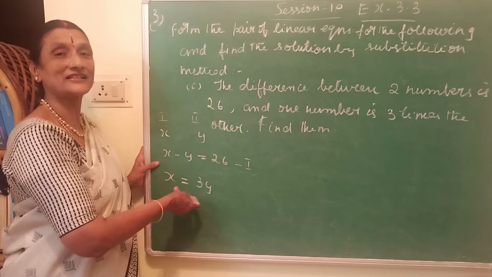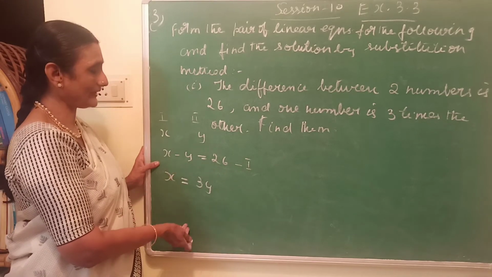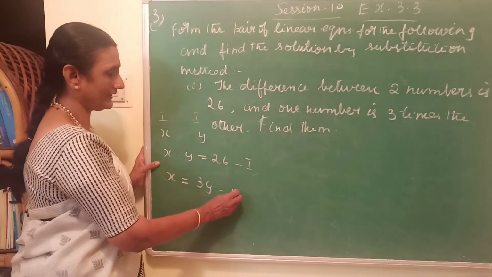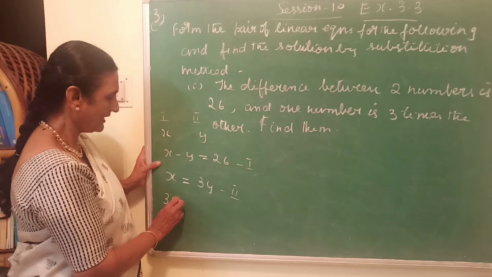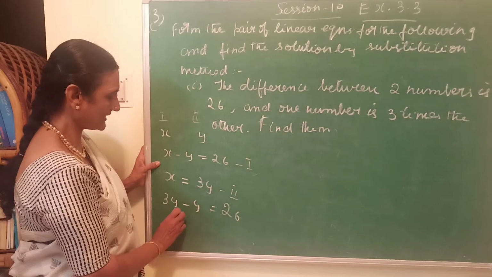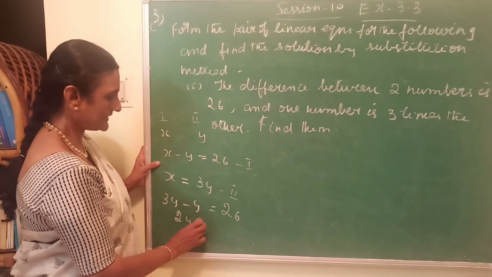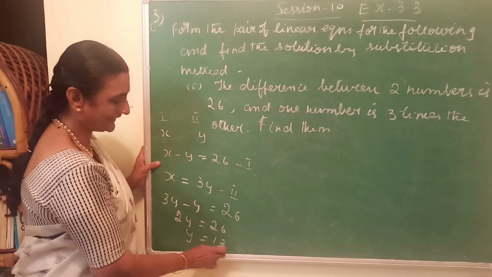There is no separate substitution needed. As we have got x as 3 times y, you can straight away substitute in the first equation. So x is equal to 3y means 3y minus y is equal to 26, that is 2y is equal to 26, and then y is equal to 13.